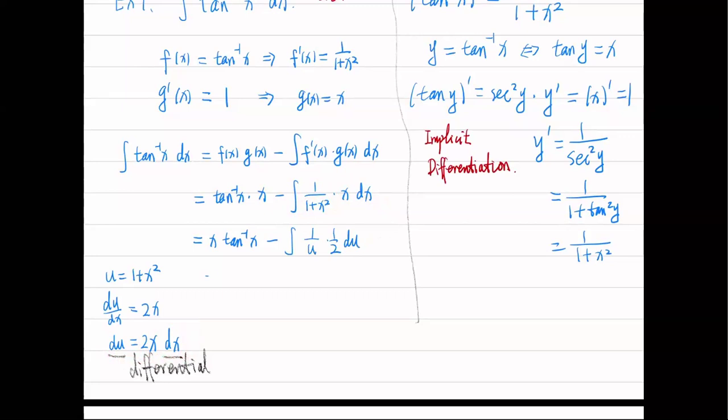So this is what we have: use substitution, x arctangent x. All right. So what's this? 1 over u du. Sakina, what's the integral of 1 over u?